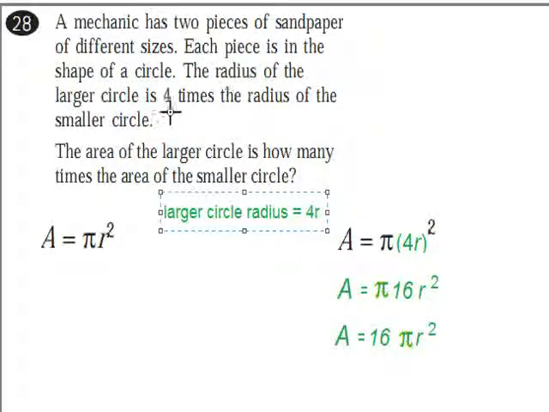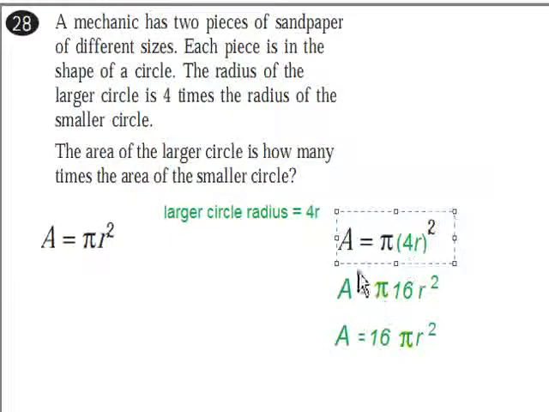The radius of the larger circle is 4 times the radius of the smaller circle. So considering this as the formula for the area of the smaller circle, then the area of the larger circle becomes this. The area equals pi times 4 times the radius squared. This entire thing is squared. Do you see that? Take a look at it.